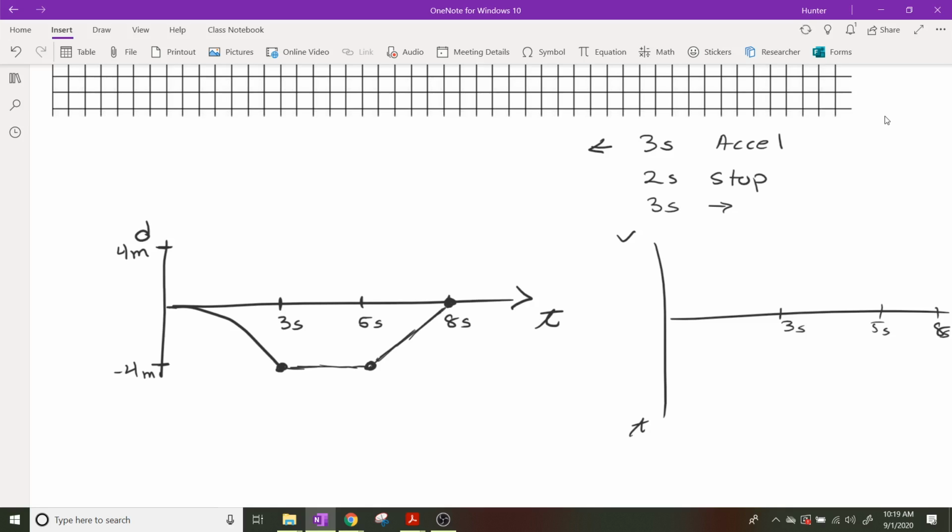Just pretend. It's okay. We're just going to pretend that everything's fine. We cannot yet find the slope of this line. In order to find out what the slope of this is, we're going to have to use what we call kinematic equations, and I have not taught you guys that yet.